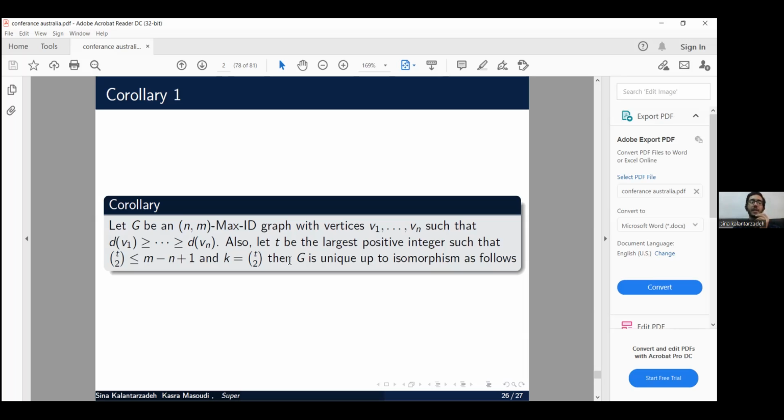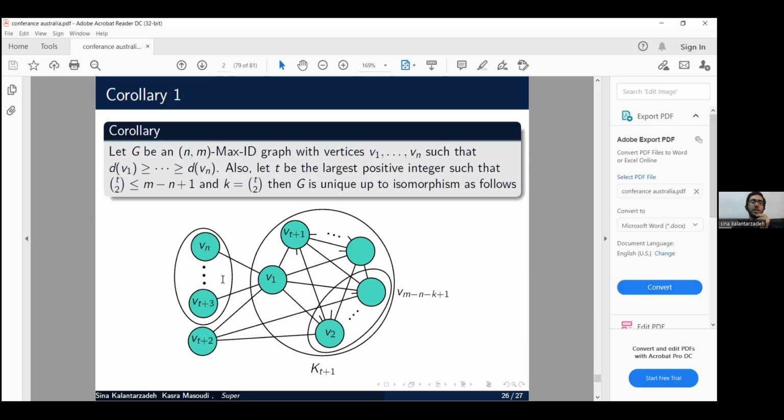we can see that the shape of G is unique, without considering isomorphism, and the shape is as follows. As you can see, there are n minus t minus 2 vertices of degree 1.